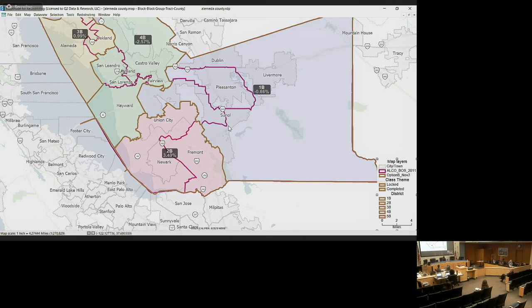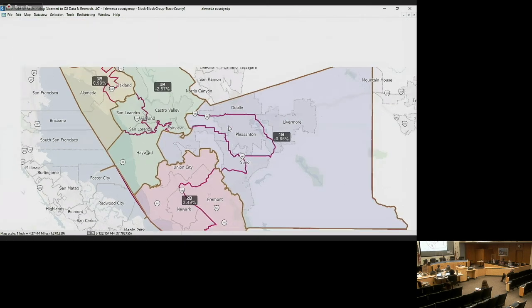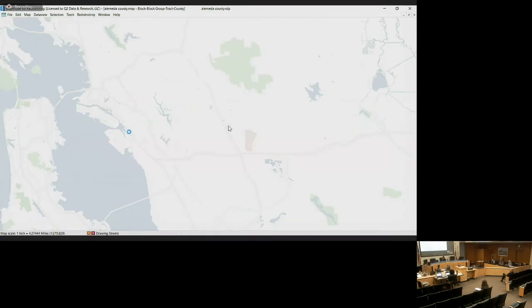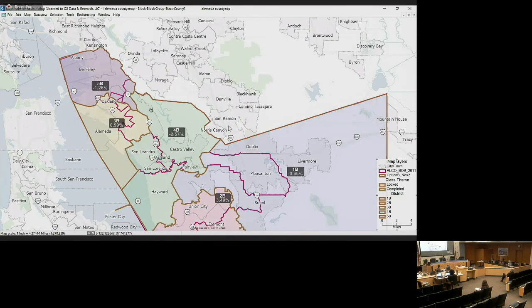To balance the population, we did add San Leandro and the rest of Hayward into the district. And then I'll show you up here in Oakland, we just took a little bit out here along 580 and then 13. This top boundary here is Joaquin Miller Park. And so that takes us District 4B to minus 2.57%. And it keeps together, again, these communities of interest here in the unincorporated communities.